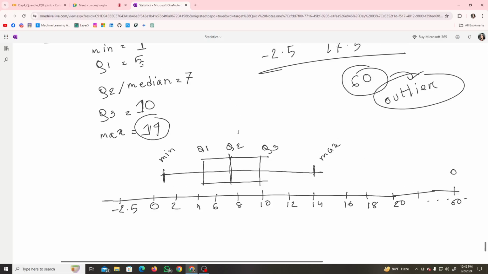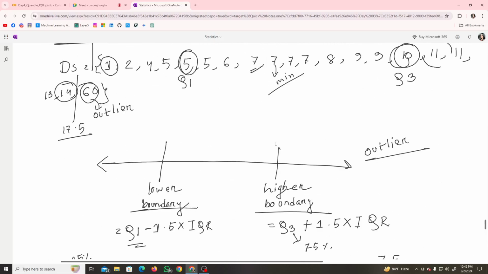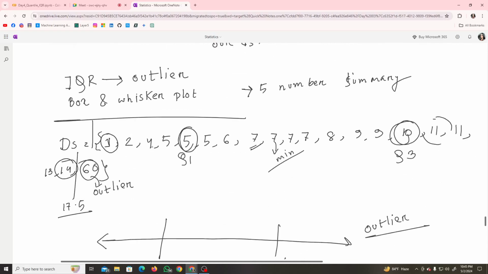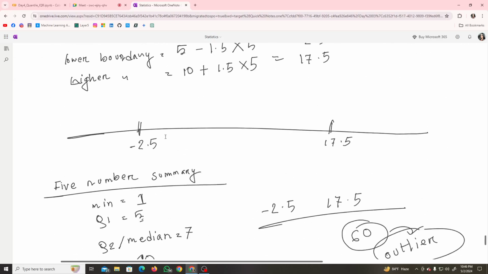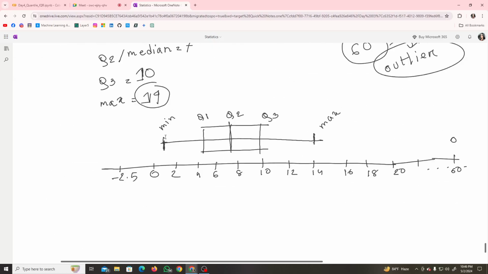Suppose you had a lot of outliers. Suppose if you had minus 4.5 or minus 7, minus 7.5 in your dataset, these values would also be considered outliers, and you would get some points over here.